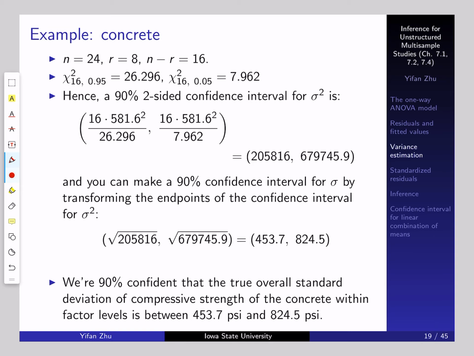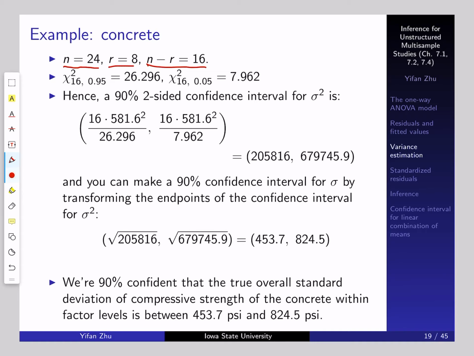And the confidence interval for the pooled sample standard deviation can be calculated as follows. The total sample size, n, is 24, and we have 8 levels, 8 formulas, so r is 8, so n minus r is 16.